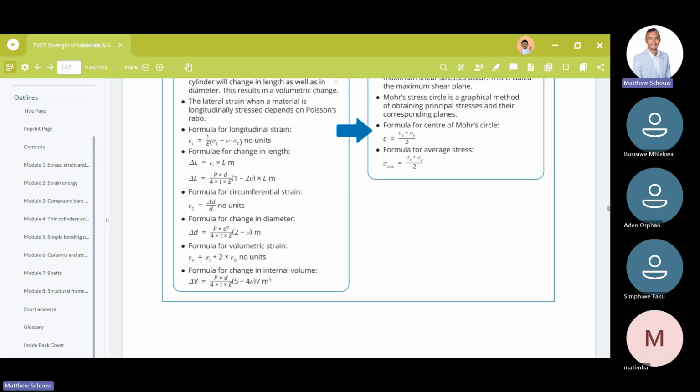The pressure is given as 3 megapascals times the diameter of 1, squared, divided by 4 times our thickness, which is given as 10 millimetres, so 0.01, times E, which is your modulus, 200 gigapascals. So this must be steel. And we're going to say 2 minus the Poisson's ratio of 0.3. By the way, this also changes depending on the material, but typically you're working with these values.